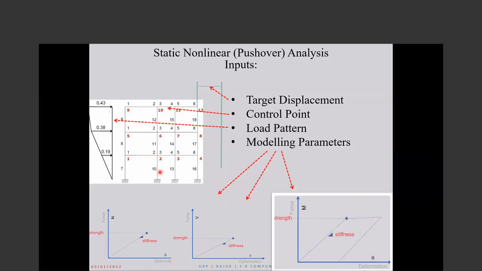Unfortunately, it's not like an elastic linear analysis. For example, even for a study of wind, we make a smaller model of the building in the wind tunnel, and then we extend the results to the real building. For nonlinear behavior, it is very difficult to extend the results from the smaller model to the bigger ones.